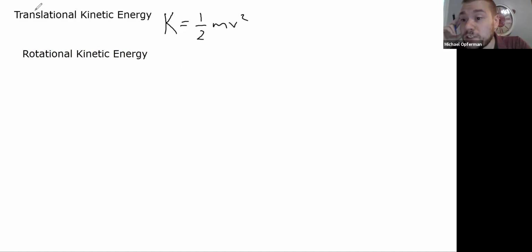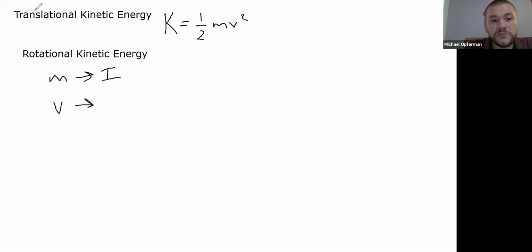You can probably guess what the formula for the rotational kinetic energy is going to be if you think about it for a few minutes, because you already know from previous knowledge in the course that the rotational version of mass is moment of inertia, and the rotational version of speed is angular speed.